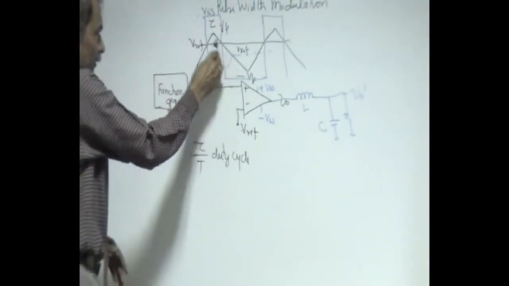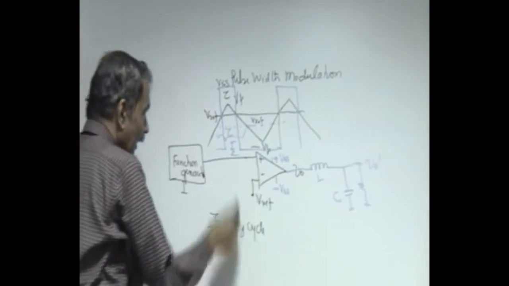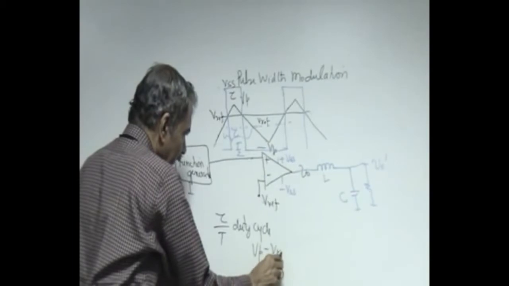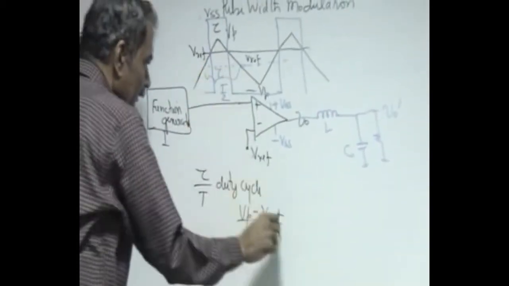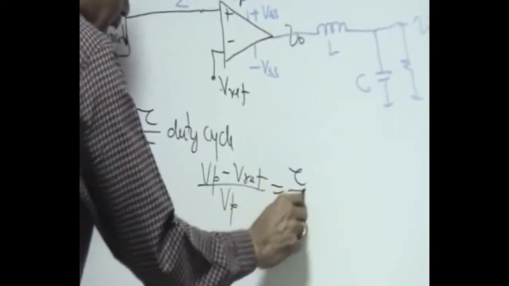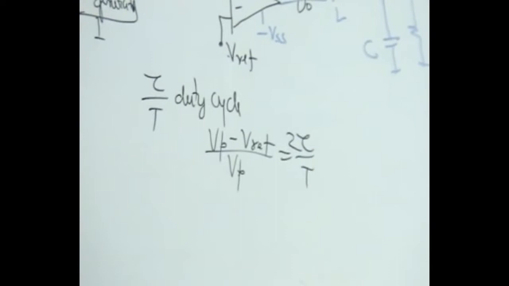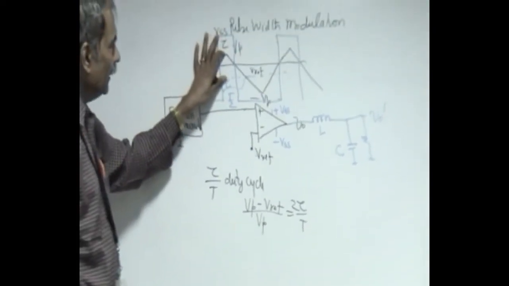Right? Now using similar triangles here, we can write the height of the smaller triangle, which is Vp minus V reference, divided by the height of the larger triangle, is nothing but tau by T by 2. T by 2 is the width of the larger triangle, and Vp is its height.